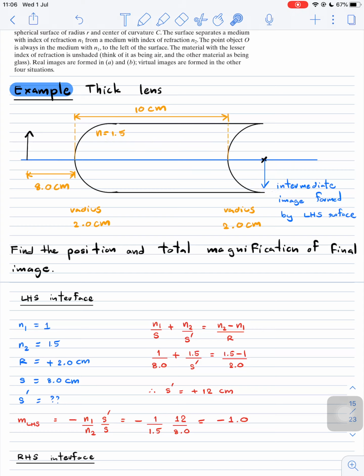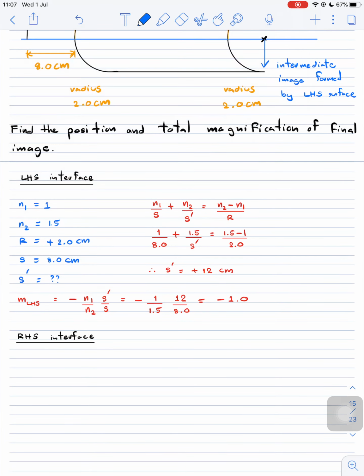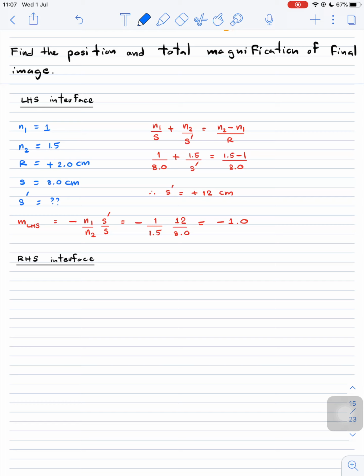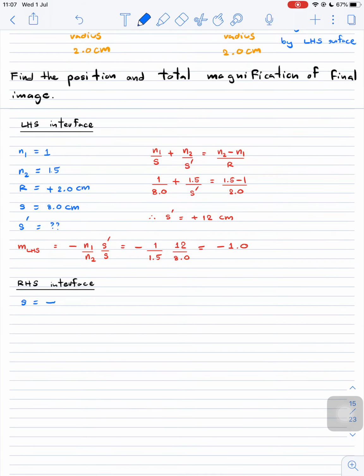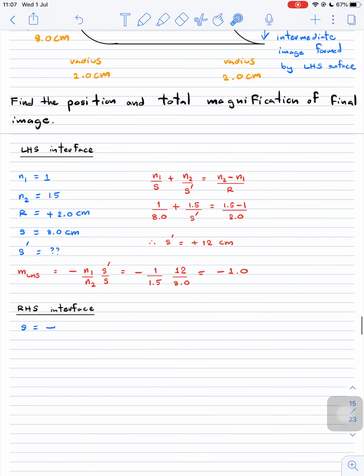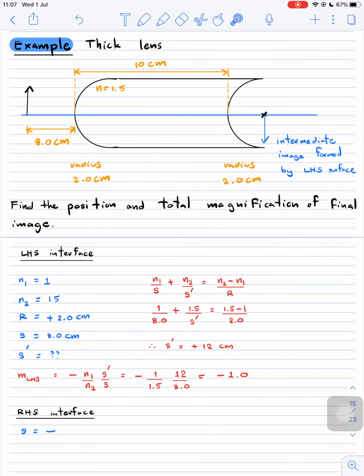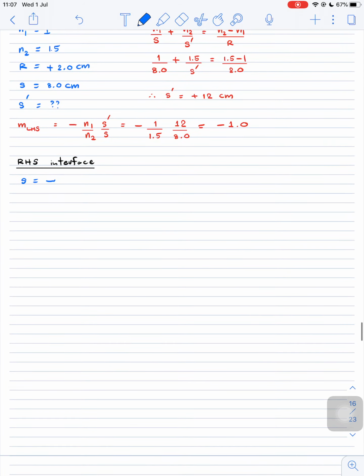So now you know the meaning of the virtual object already. Let's write down s equals minus, the virtual object, so s must be negative. This distance equals 2 centimeter, because this is 12 and this is 10, so this must be 2. So we have s equals negative 2.0 centimeter.